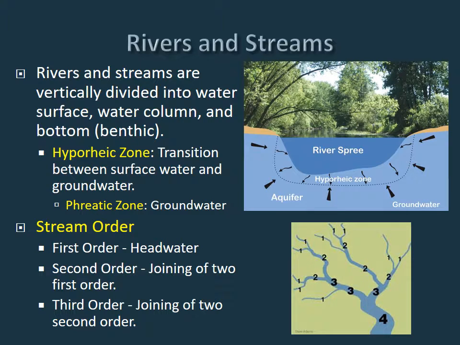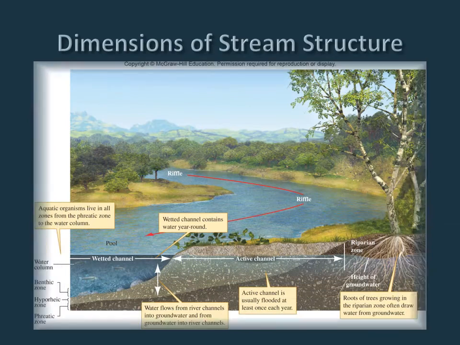So the larger the number, the more streams that have joined to form that river, and typically the more water that will be there, just because you have more water sources coming into that. So usually the bigger the number, the bigger the river or stream. Not always, but that's sort of the general trend.